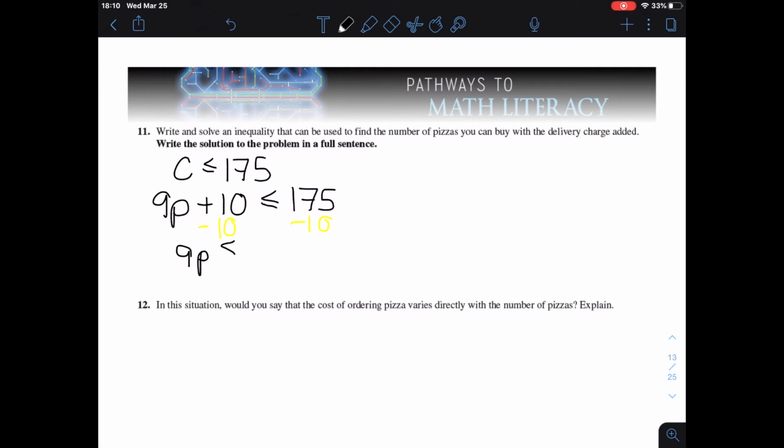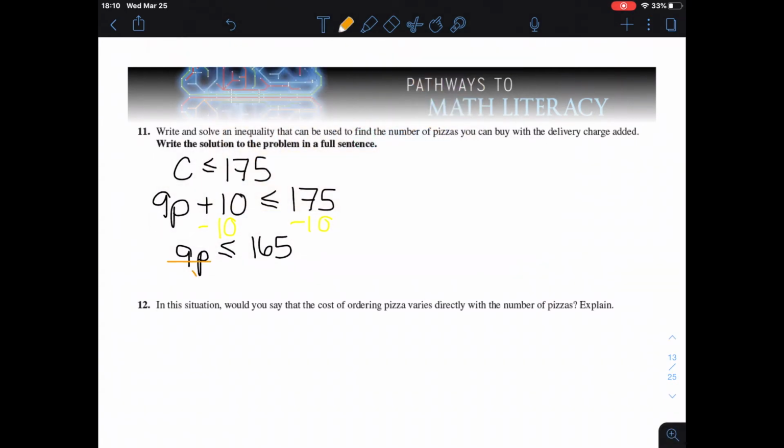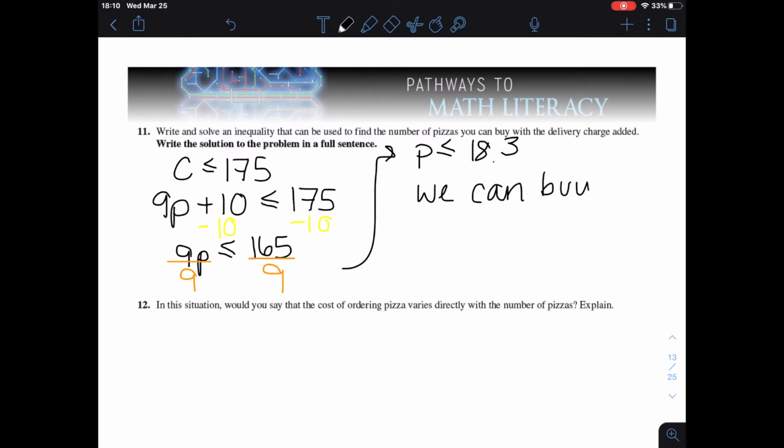So we get 9p is less than or equal to $165. So to find p, you now divide by 9, and this tells us that p is less than or equal to 18.3. So again, I can't buy 0.3 of a pizza, so we can buy at most 18 pizzas.